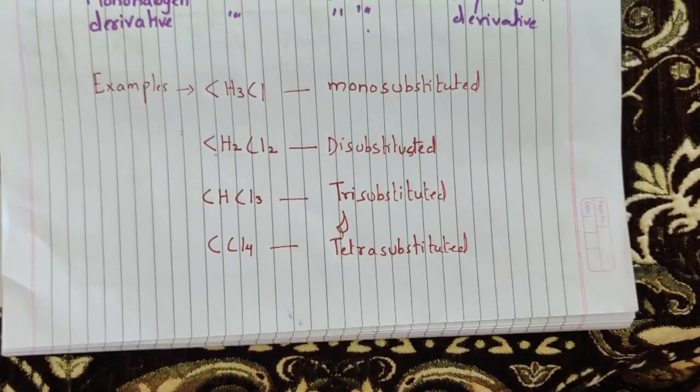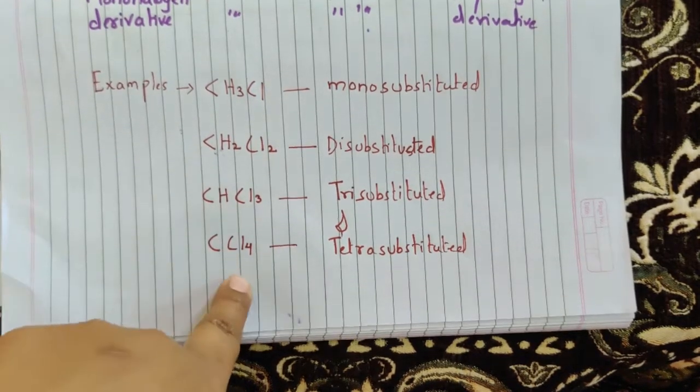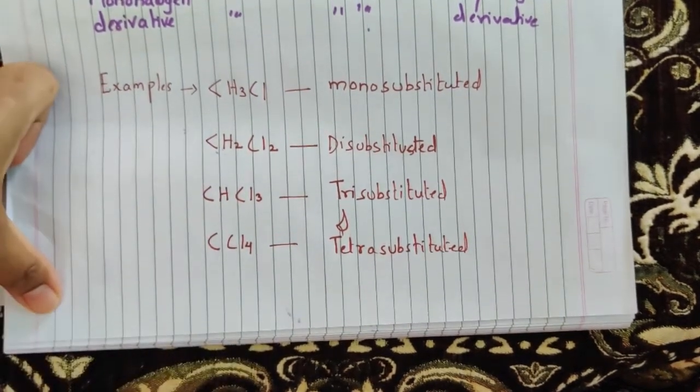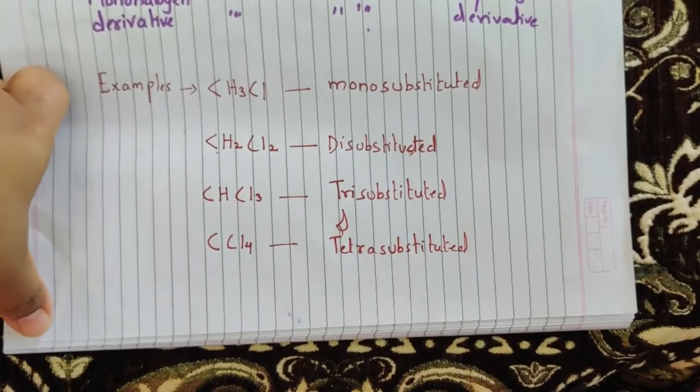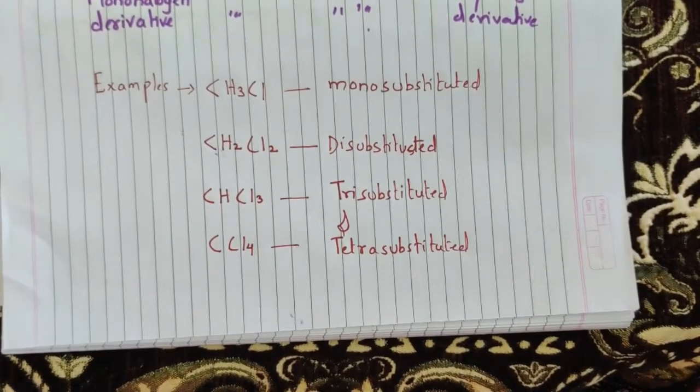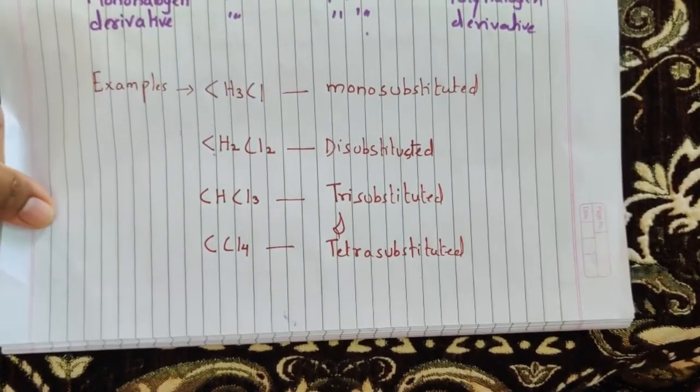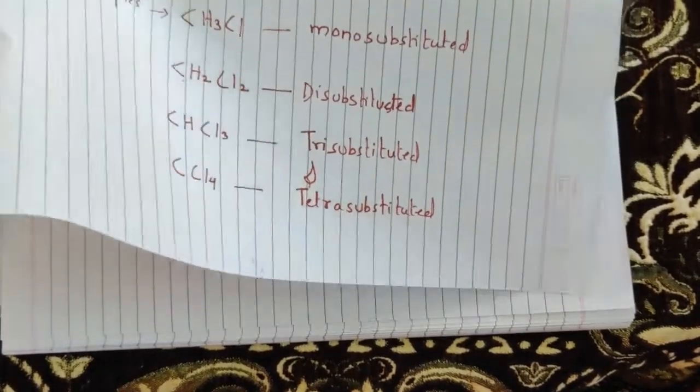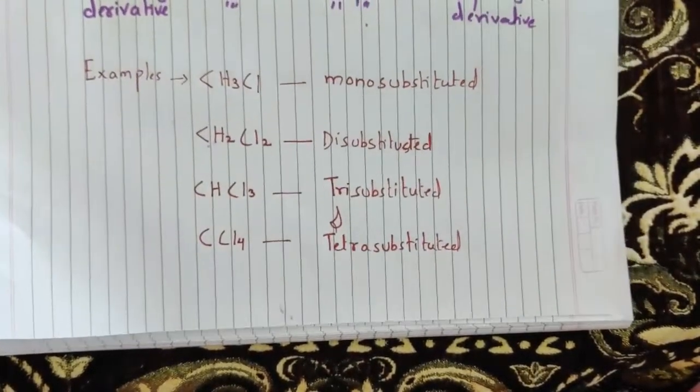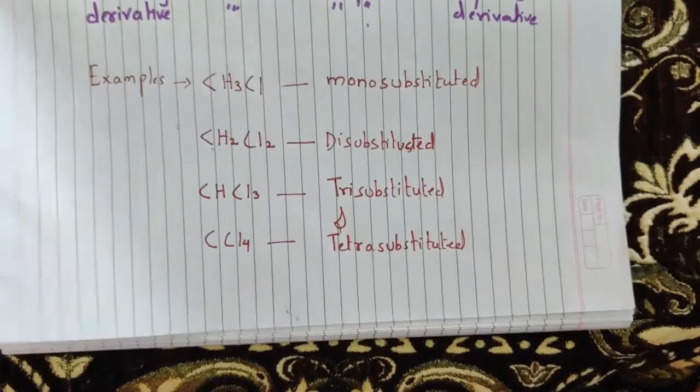We can see the more complex example when we do the nomenclature. Trichloromethane or tetrachloromethane are the examples of polysubstituted halogen derivatives. Now let's move towards another kind of possible classification.